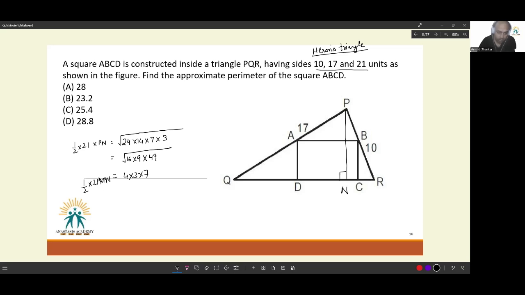Is this much? 21 and 3 and 7 gone. PN will be equal to 8. Then you can figure out your value of PN and then proceed. That is also fine. But if you know Heron's triangles beforehand, it is easier. That said, PN is, of course, 8.